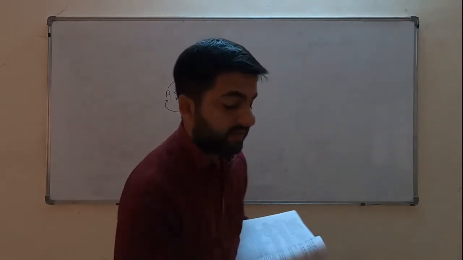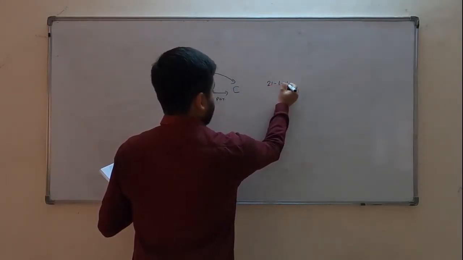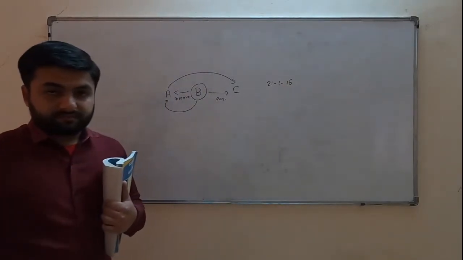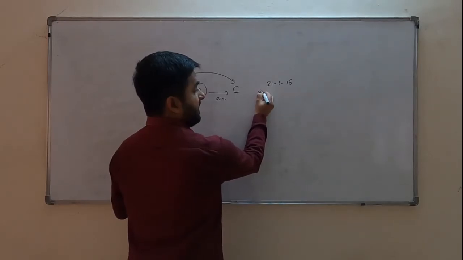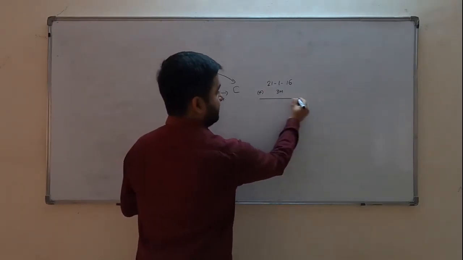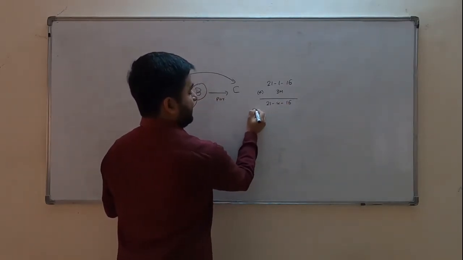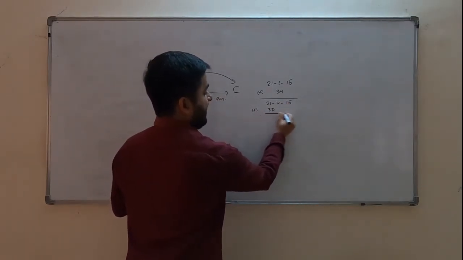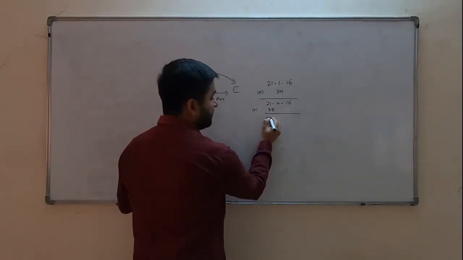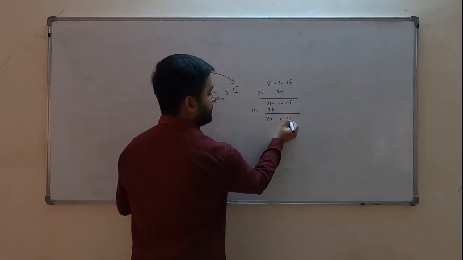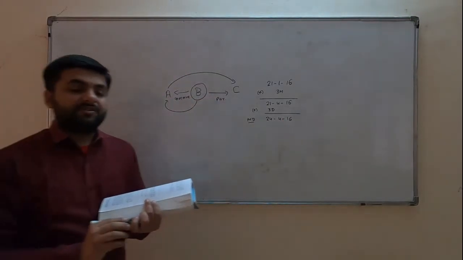Okay, so see how they are explaining. 21/1/2016 is the date of drawing. 3 months are added for the time period, so it will be 21/4/16. Plus 3 days is added for facilitating the payment, so it will be 24/4/16, the maturity date, means MD. Okay, maturity date of the bill.